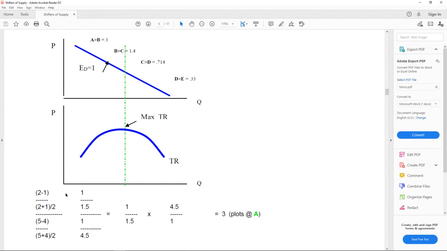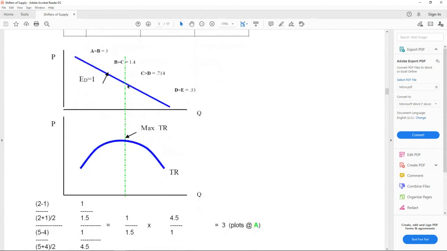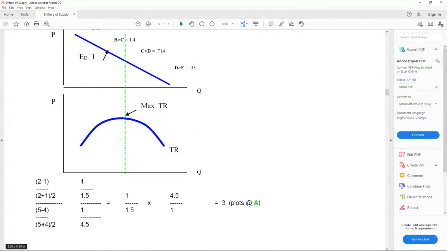Whatever we do with the x, we have to do with the y. In that same interval, as quantity went up, the price went down. So it's going to be 5 minus 4 over 5 plus 4 divided by 2. That's exactly what I did here.